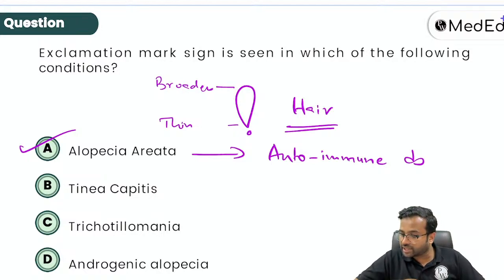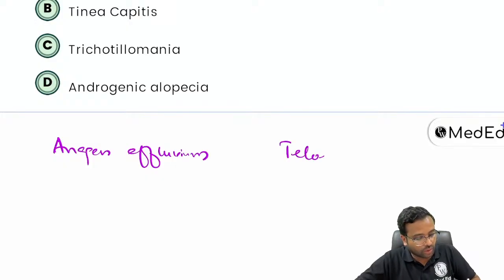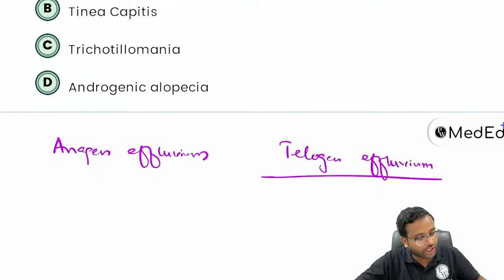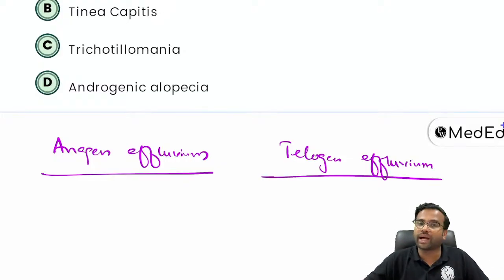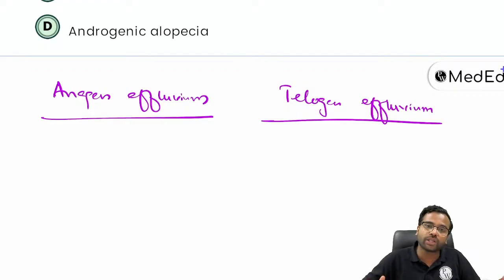Please explain anagen effluvium and telogen effluvium. Okay. So there is one question on anagen effluvium and telogen effluvium. I'll just take a couple of minutes to tell you the difference between both. All of you know that anagen hair is the growth phase of the hair, and telogen hair is the resting phase of the hair.